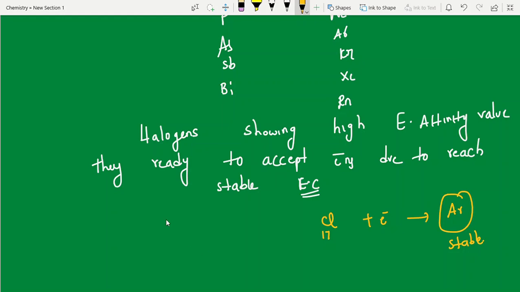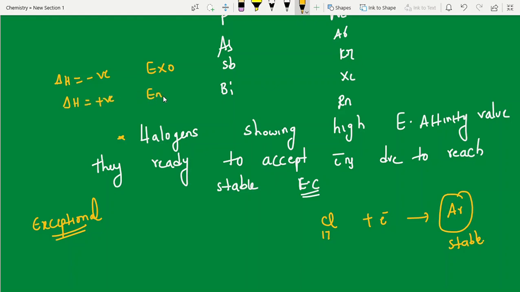Okay, clear students? Now I am giving the exceptional cases. Exceptional cases only play an important role. Okay, the first step is exothermic. Second step onwards, endothermic. On paper they show delta H equal to negative, exothermic, delta H equal to positive, endothermic.